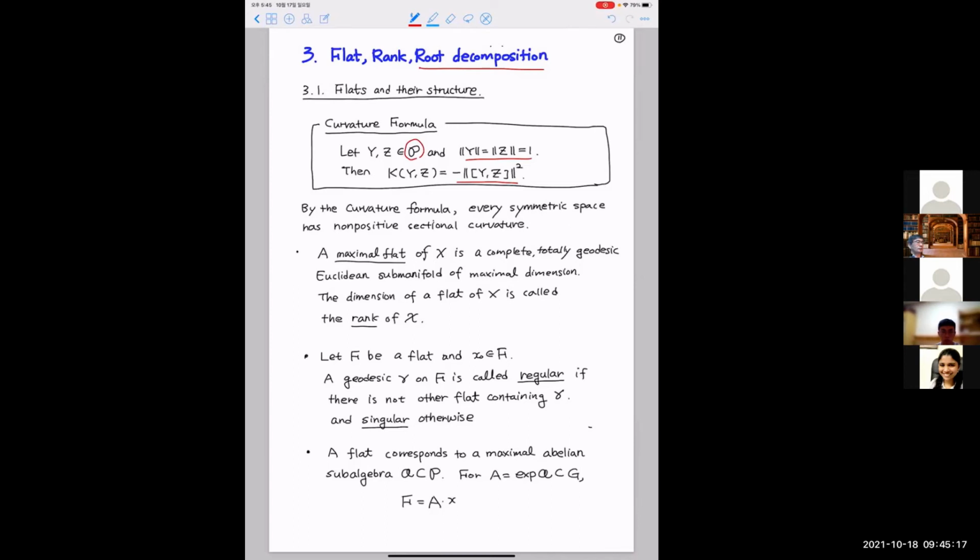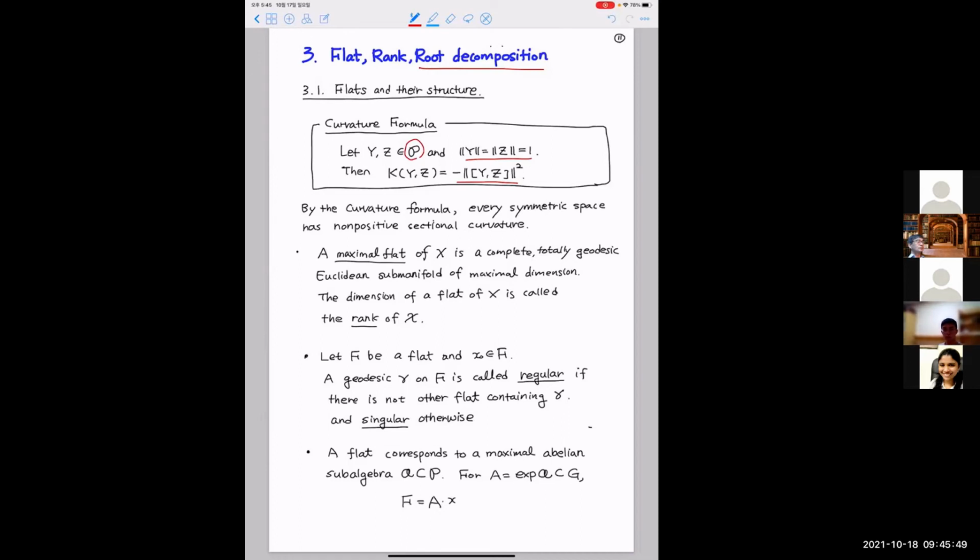Okay, and also we define the notion of regular geodesic and singular geodesic. Suppose F is a flat and x0 is a point in the flat. Then the geodesic gamma is called regular if there is no other flat containing the geodesic gamma. That means there is only one maximal flat containing the geodesic gamma.